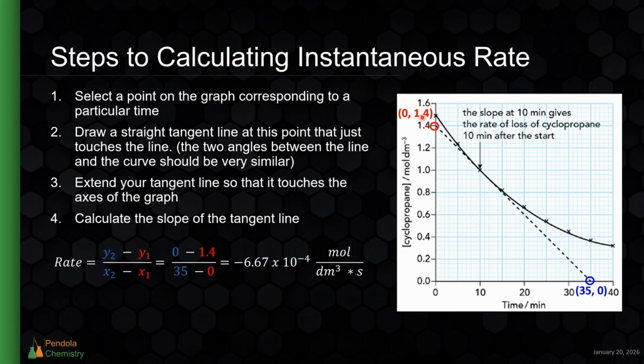On the y-axis, it touches at 1.4, meaning the coordinates are going to be 0, 1.4, because if you remember, again, from math, and hopefully you do, the x-coordinate is the first one, the y-coordinate is the second one, same thing here, x, y.